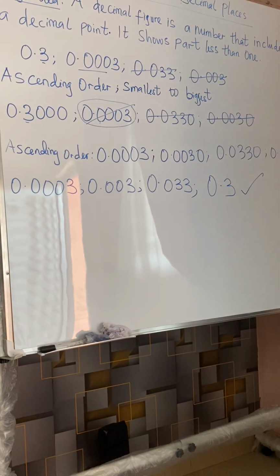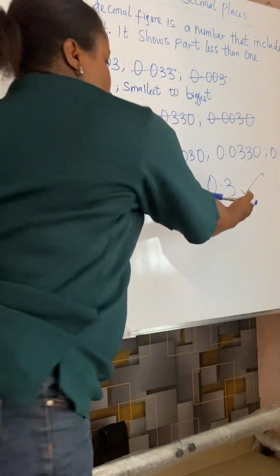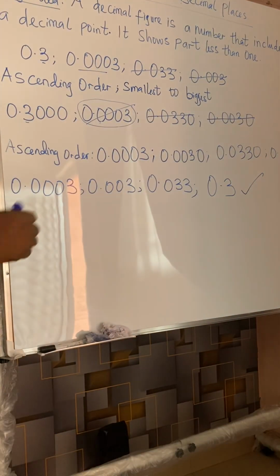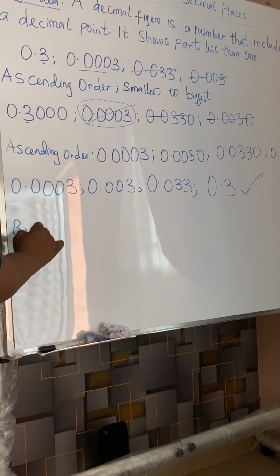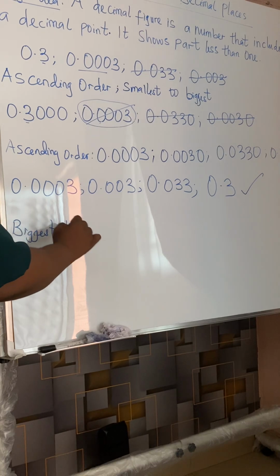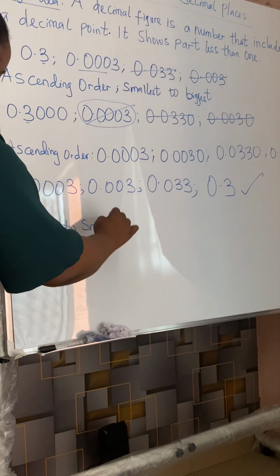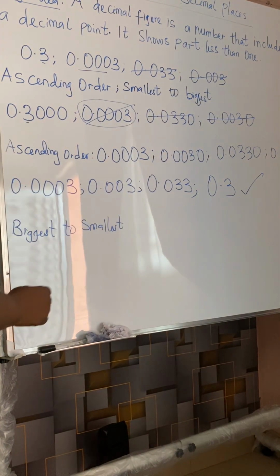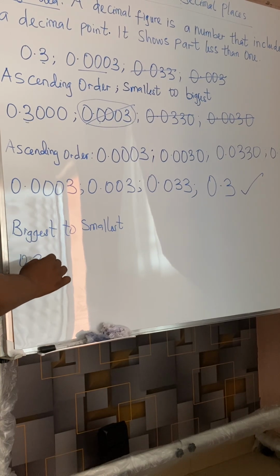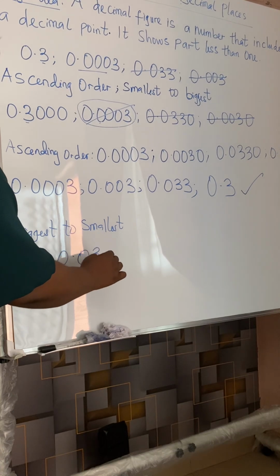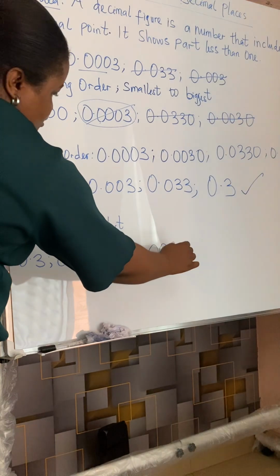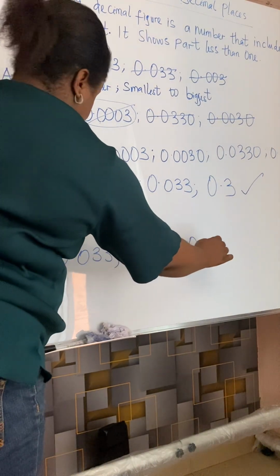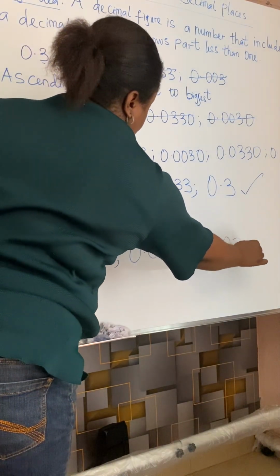So if you can ascend, descending will just be turn it this way. So if I want to descend, like biggest to smallest, all I need to do is come here, 0.3, 0.033, 0.003, and 0.0003.